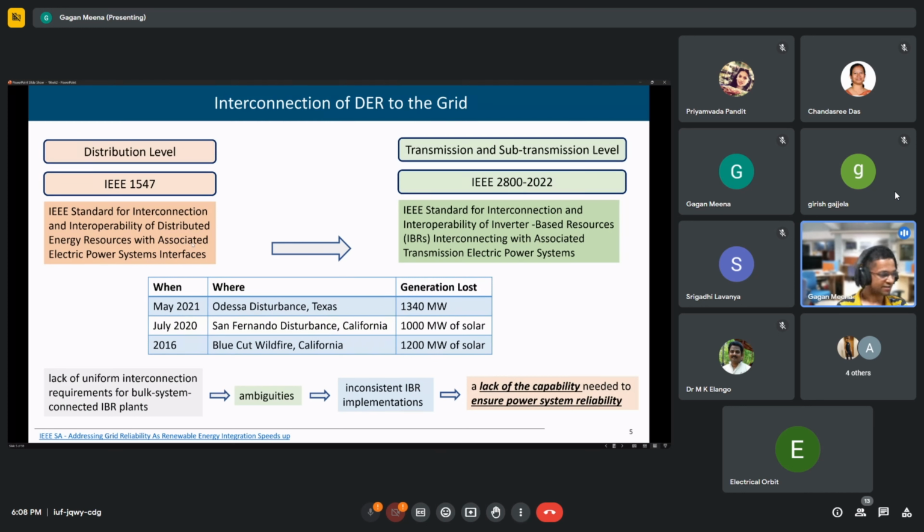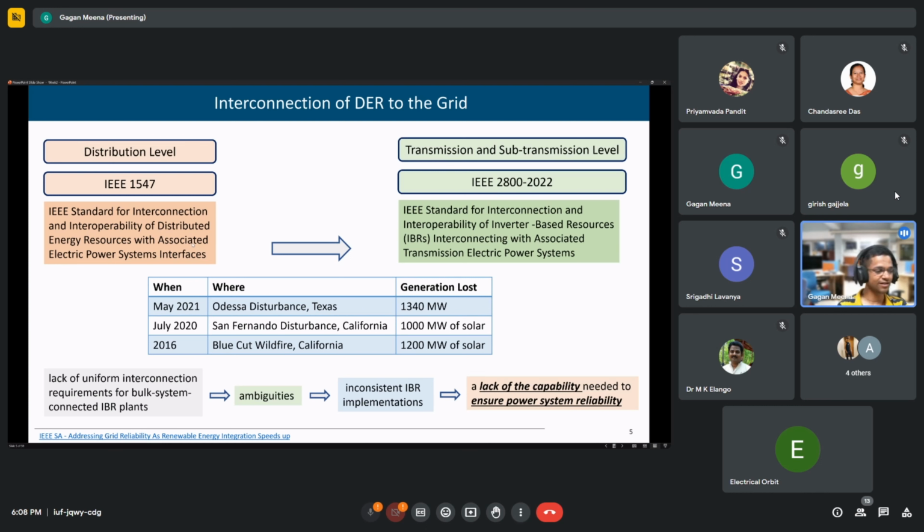Given the scenario that most of the generation now is big solar and wind farms, we will also see in the subsequent slides that even gigawatt level solar and wind farms are being developed. They are in operation, and the new plants will be even much bigger.